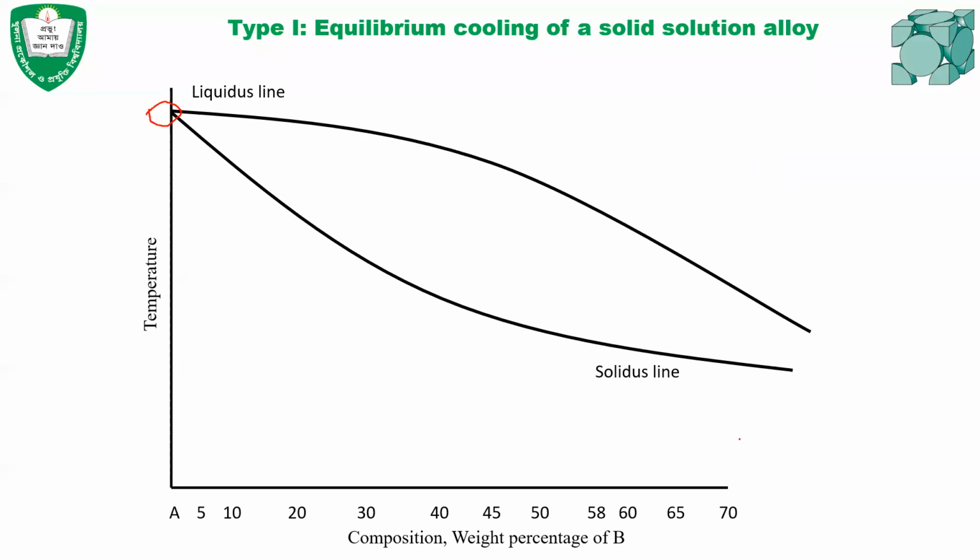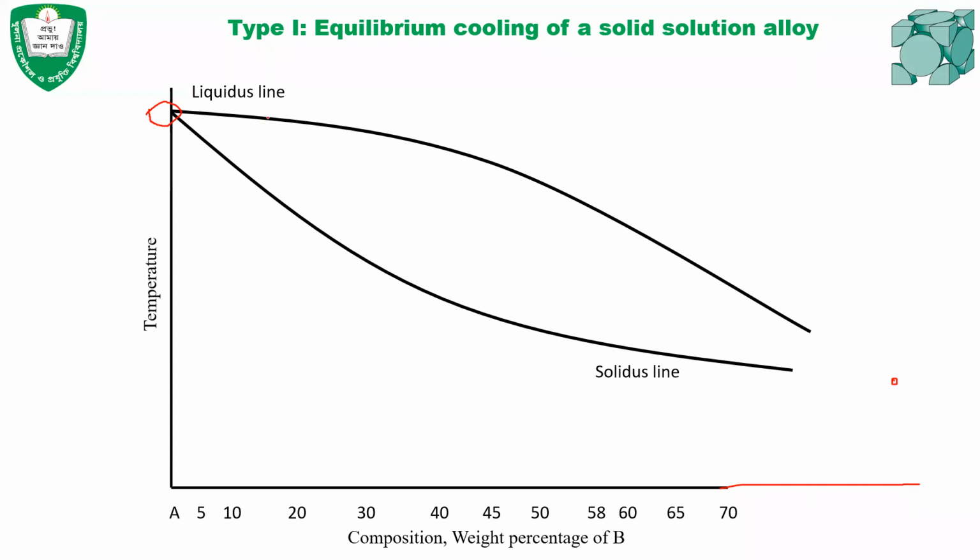The melting point of element B will be less than that. It will be somewhere here, in this location, where element A will be 0% and B will be 100%.